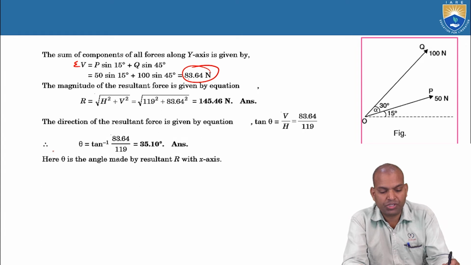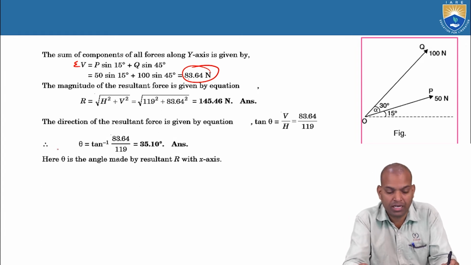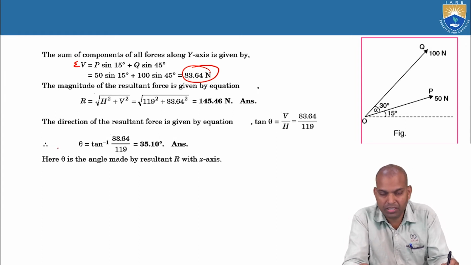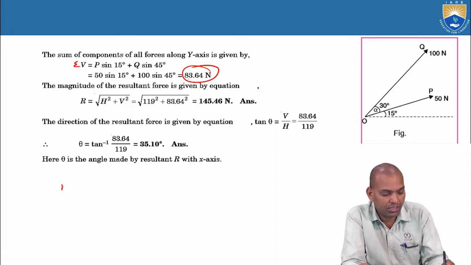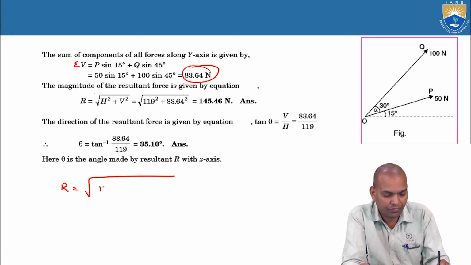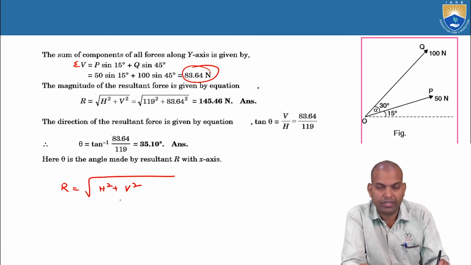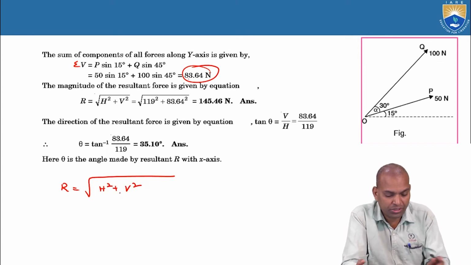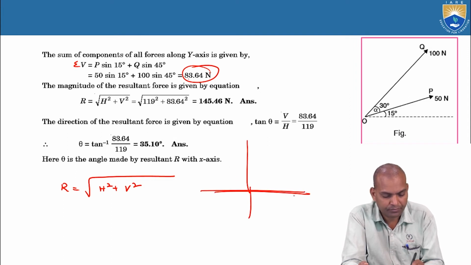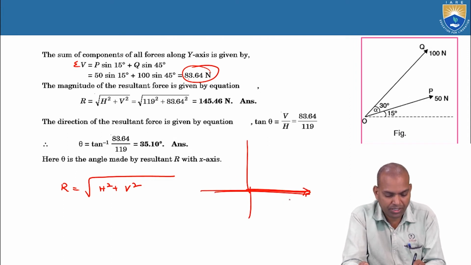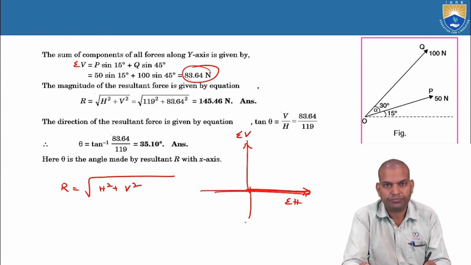Sigma H equals 119 newtons. Then the resultant R equals the square root of H squared plus V squared. Now both are positive terms.